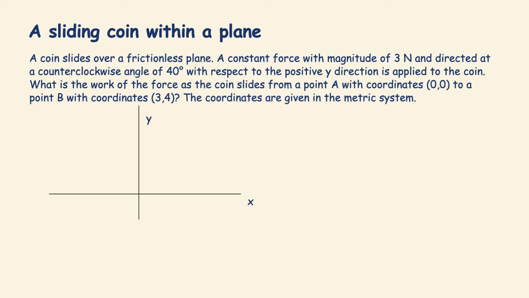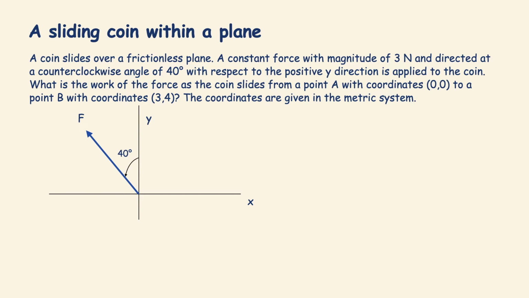Let's start with our coordinate system and see if we can draw a diagram of the situation so it can help us visualize what is happening. Here is the XY coordinate system and the force F, which is in a counterclockwise direction at an angle of 40 degrees with respect to the y-axis. So be careful.